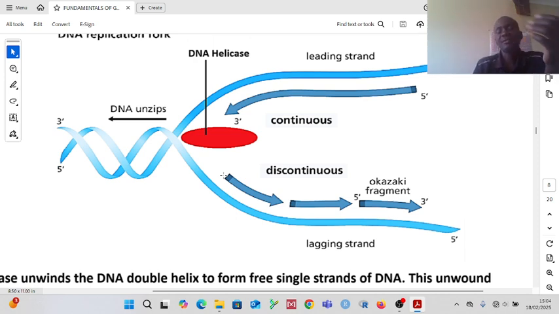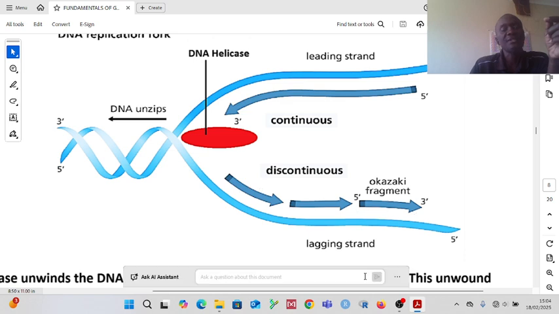So we will need an enzyme to come in and help us kushona these fragments together, because we need it also to be continuous. So the 4th enzyme we call it a ligase. L-I-G-A-S-E. Ligase.